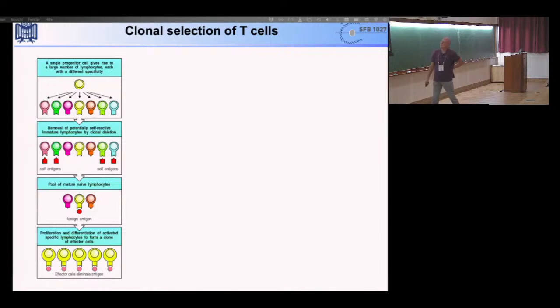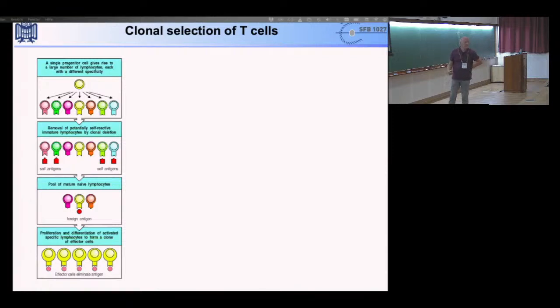I will show you later. So from a progenitor cell, you produce lots of different lymphocytes, meaning different T cell receptors which are able to recognize peptides.